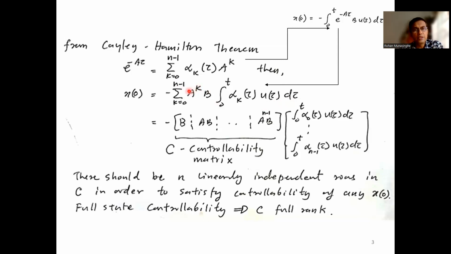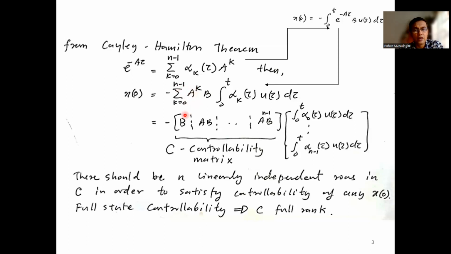Now, this is actually a matrix multiplication. All of these terms, n terms, because this is a dimension n system with n state variables, so the right hand side has n terms in that format. You can see A to the k B for k from 0 to n minus 1.